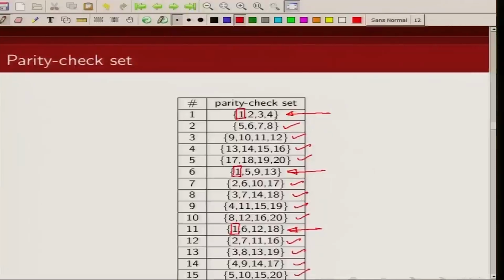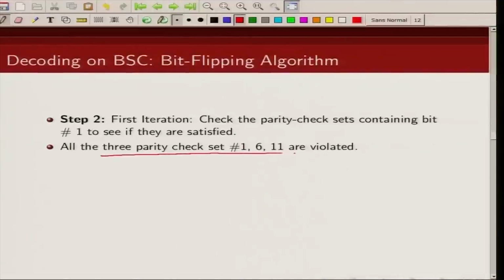So you can see all three parity check sets involving bit 1 are not satisfied in this example. So all the parity check sets containing 1, 6 and 11 are violated. Now what does that mean? It means that there is a very large likelihood of this particular bit being received in error.